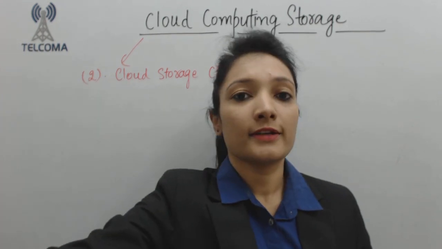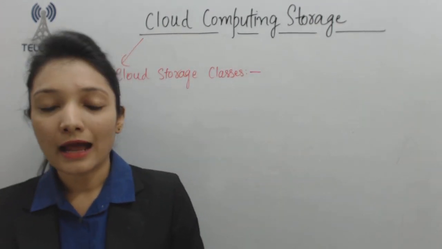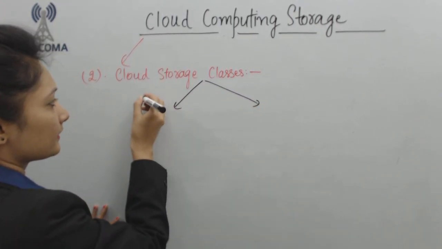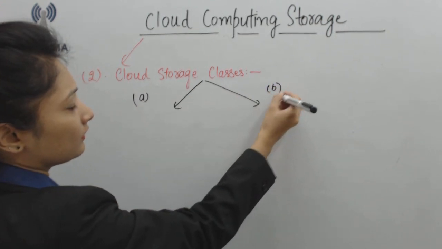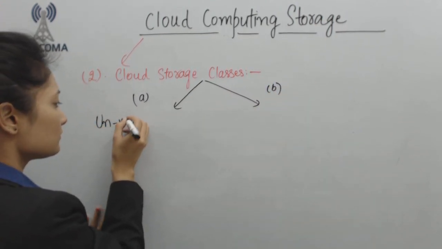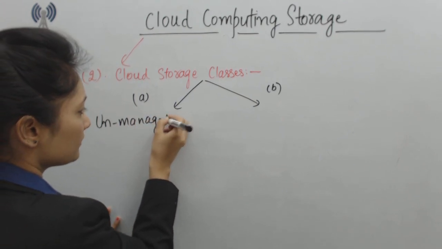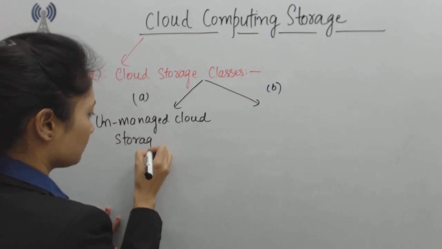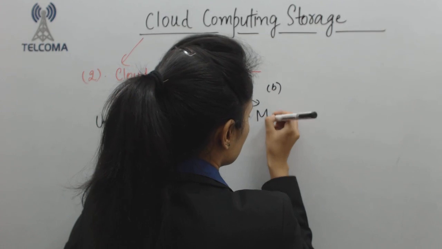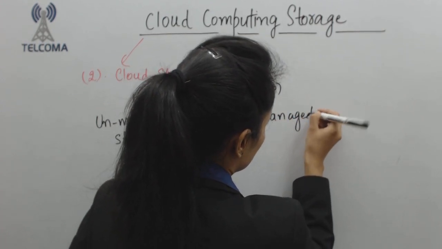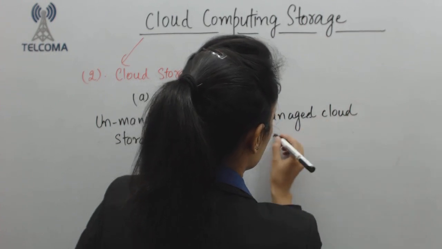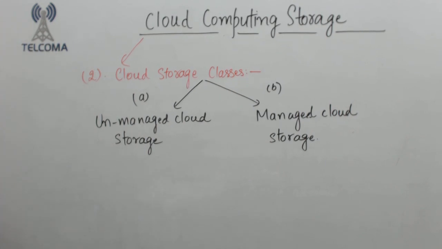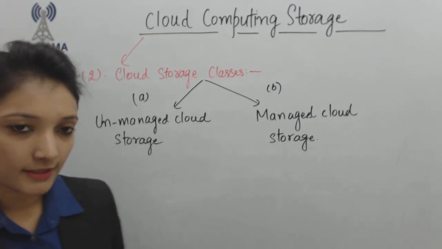We have two different types of classes here: unmanaged cloud storage and managed cloud storage. The very first one we have here is the unmanaged one.